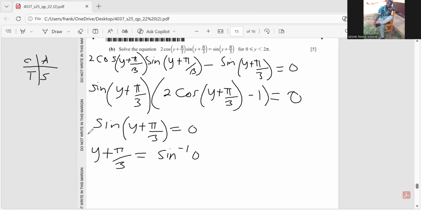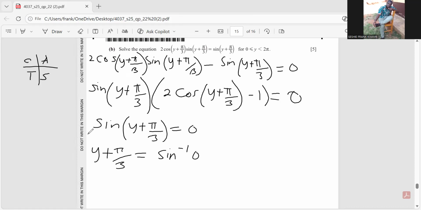It means that if you add 180 to any of the angles, it goes to pi. If you have sine 30, it's the same as sine 210, and so on and so forth.